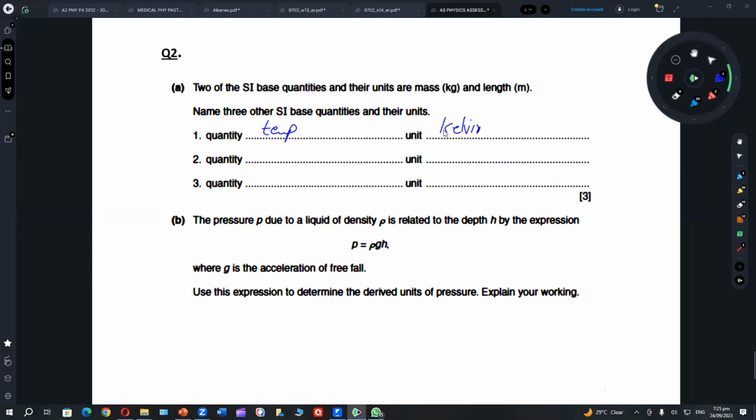There are 7 base quantities. Time and second, okay. Quantity is time, unit is second. Third one, what should be the third one? No, do not go for luminous intensity. The last two you should ignore. Current and ampere is fine. They're not wrong, but better to stay in the first 5.